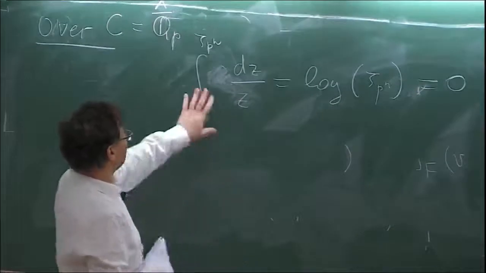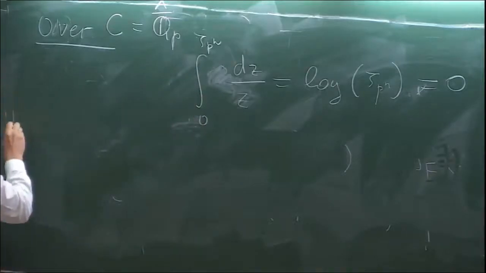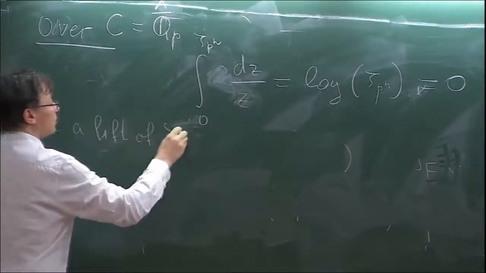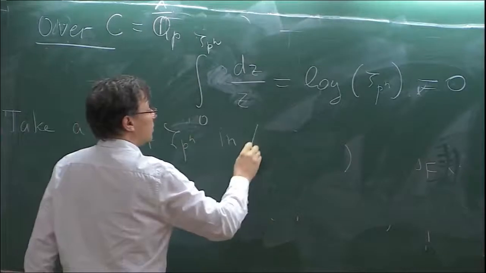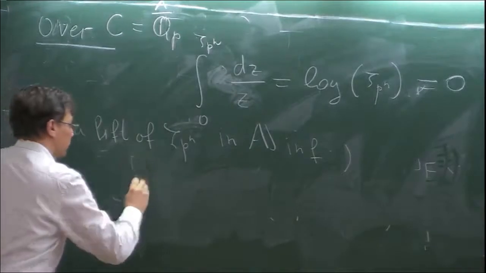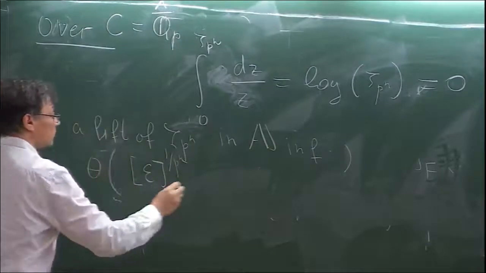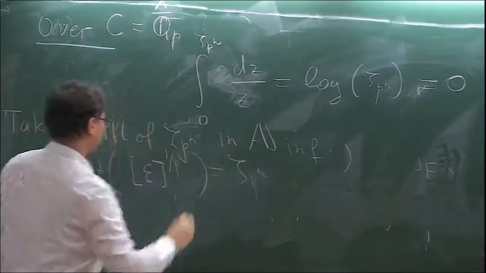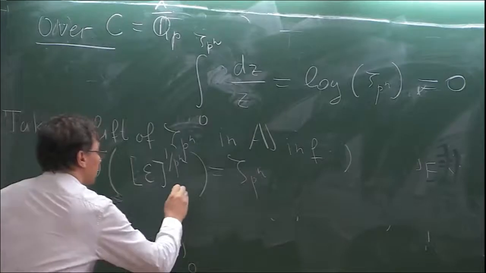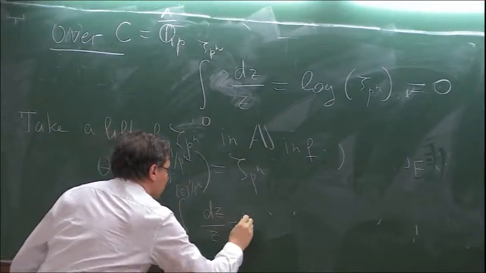So we cannot do it directly in C_p. But we can take a lift of zeta_{p^n} in A_inf, for example epsilon^{1/p^n}.